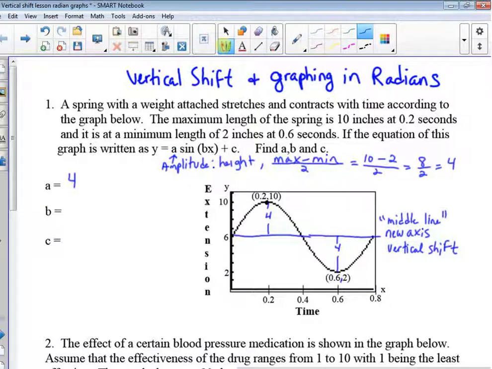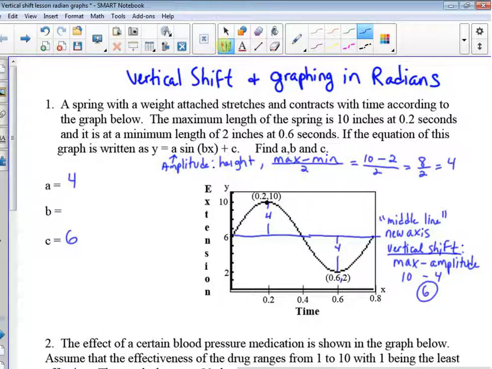Well, you could kind of look at the graph, or if they were decimals, you could look at taking the maximum value minus the amplitude, okay? So max minus the amplitude. And so our max is 10 minus 4, so our vertical shift is 6. So C is 6. That's how much it's been shifted up.